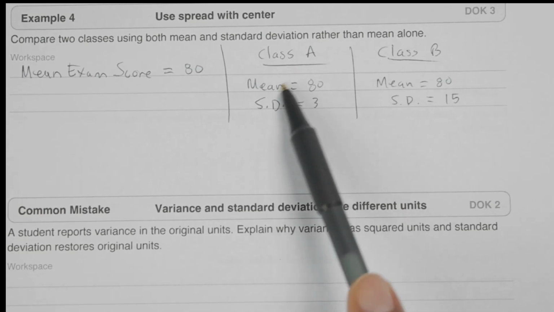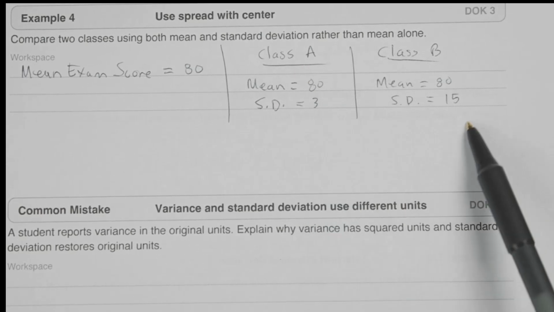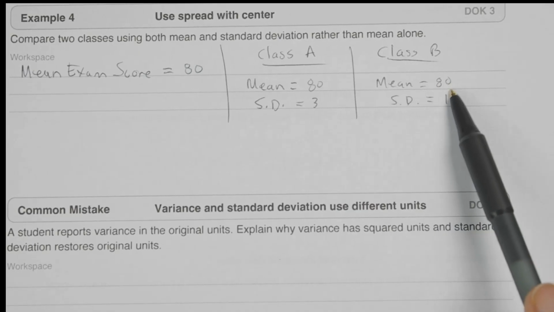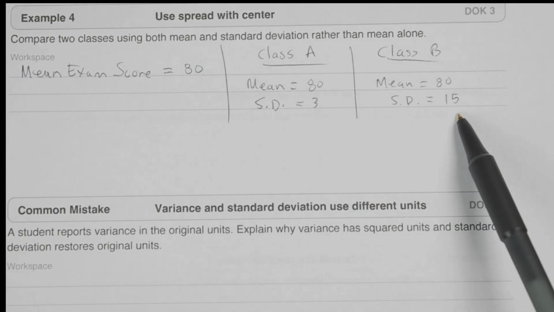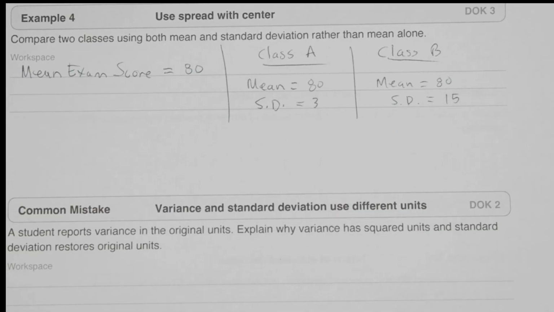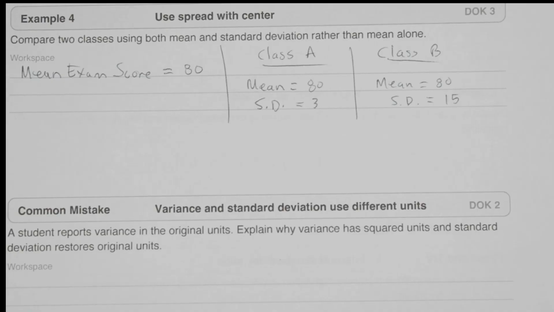The numbers are going to be so close to the mean. Whereas the standard deviation of this other class is going to be like 15, so they're going to be more spread out, right? So the mean tells us where the center is.